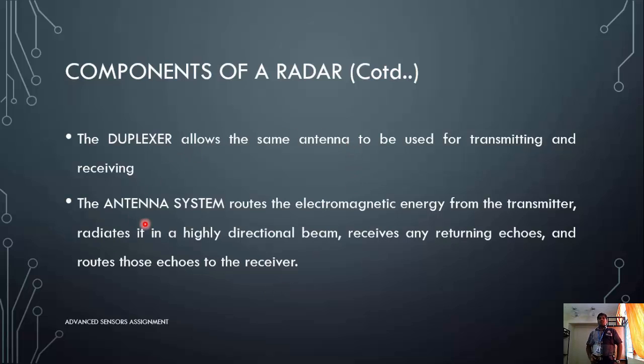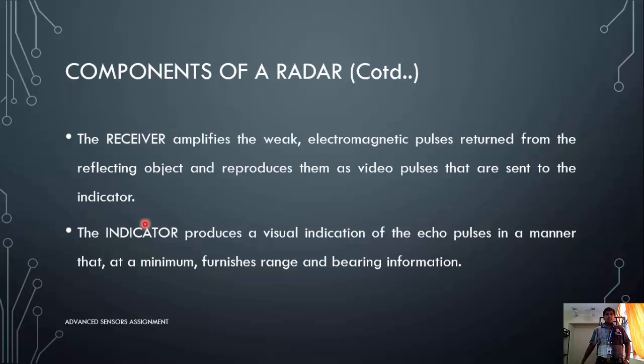And the antenna system routes the electromagnetic energy from the transmitter and radiates it in a highly directional beam, receives any returning echoes, and routes those echoes to the receiver. This antenna system is the main component which receives radar signals and echoes and gives the signals to the receiver.